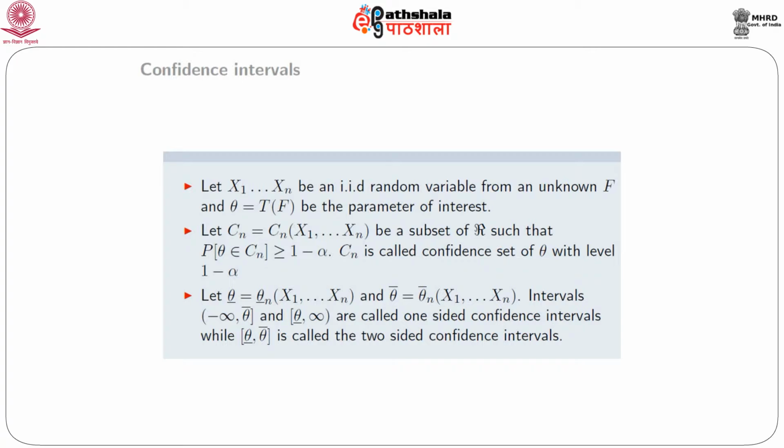Then (minus infinity, theta bar] and [theta underbar, infinity), left open, right closed in both, are called one-sided confidence intervals, whereas (theta underbar, theta bar) is called a two-sided confidence interval.